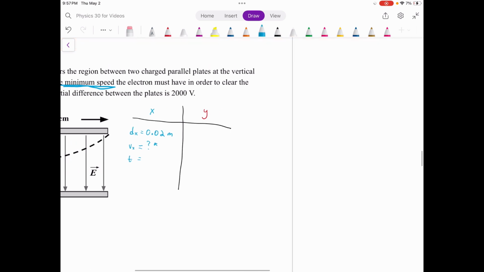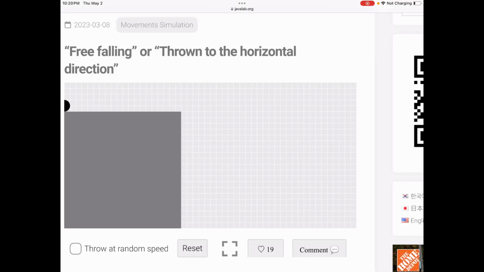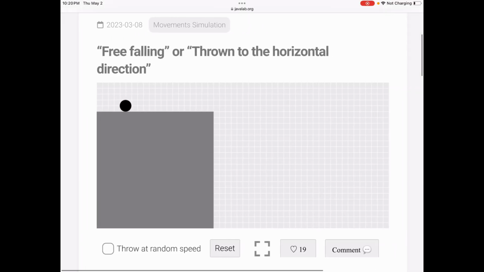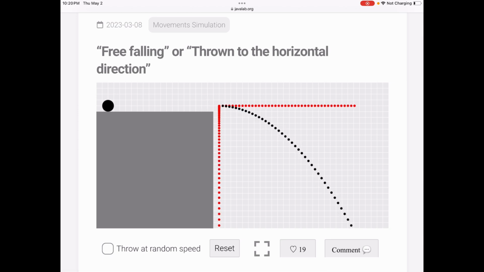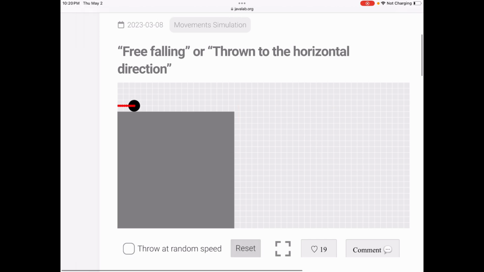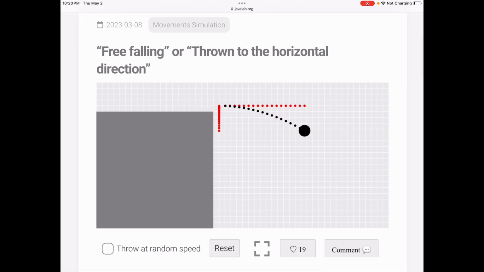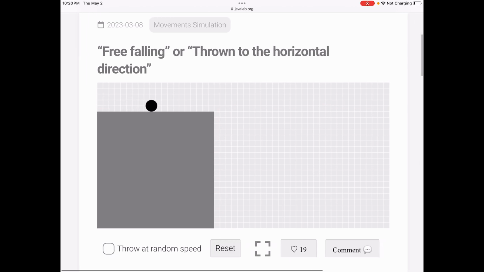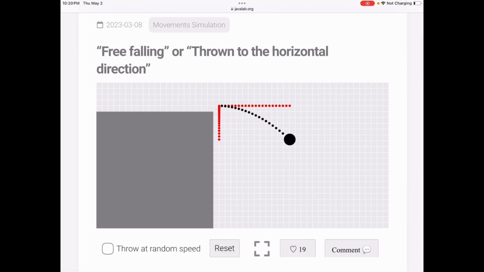Going back to physics 20, remember this, right? If we give it a sideways velocity initially, all those dots are doing is tracking its motion vertically and horizontally. And so vertically, yes, we have non-uniform motion. Horizontally, we have uniform motion where it's always covering the same distance each second. It's just doing both of them at the same time.